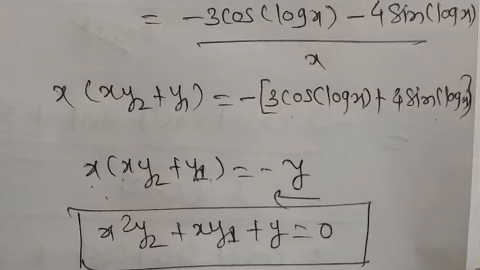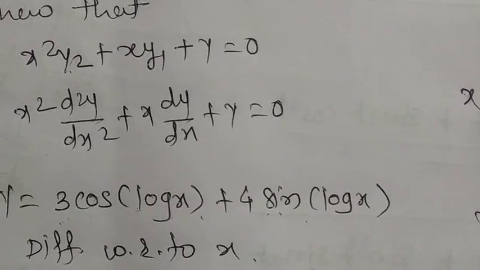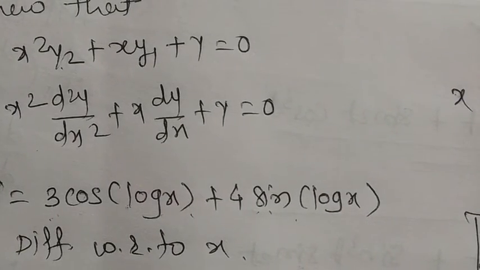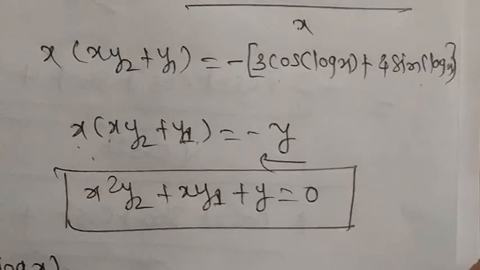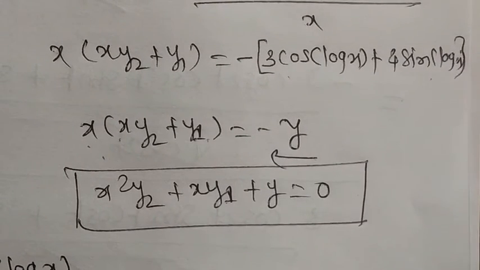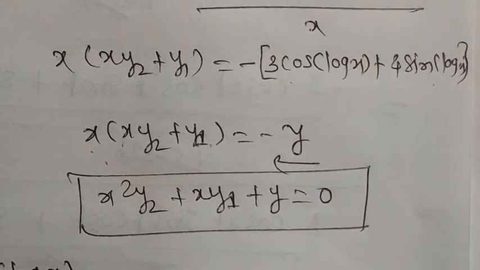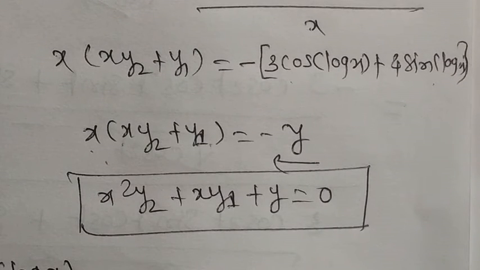You want to prove this term, check here, x square y2 plus x y1 plus y equals 0. So you can do it easily using your common sense and your formula. If you know all the formulas, then it is very simple to solve.